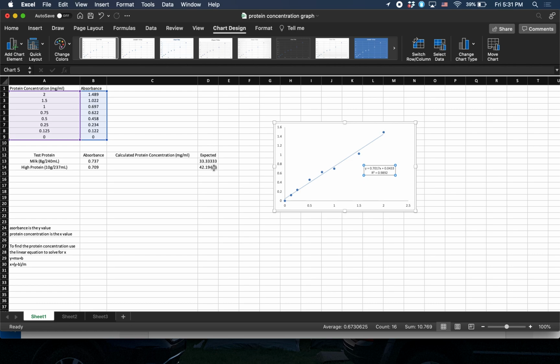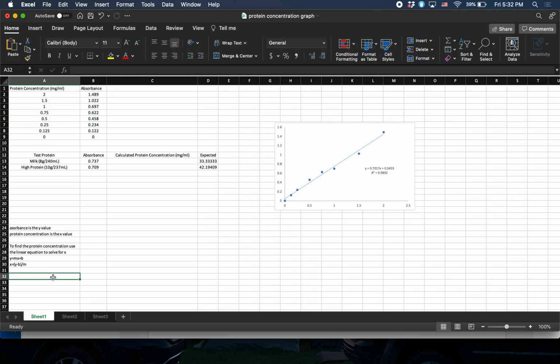So to find the protein concentration, we'll use the linear equation to solve for x. So I have y equals mx plus b. If I solve for x, I have x equals y minus b divided by m. So my b value is going to be 0.0433, like I said, and my m is going to be 0.7017.